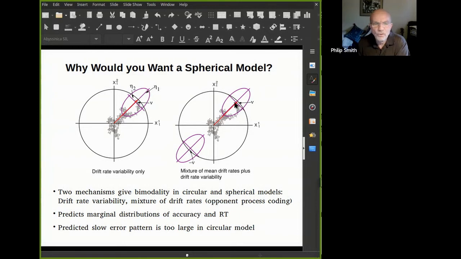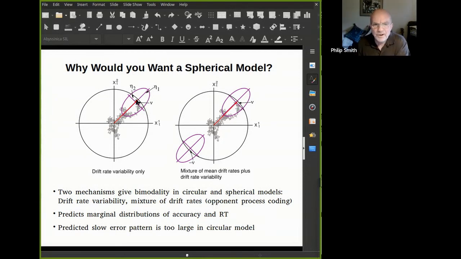The other involves a mixture of drift rates where the means of the two components of drift rate have the opposite sign, so plus nu and minus nu here. And you might expect this kind of two-component drift rate model from some kind of opponent process motion model, like a motion energy model.